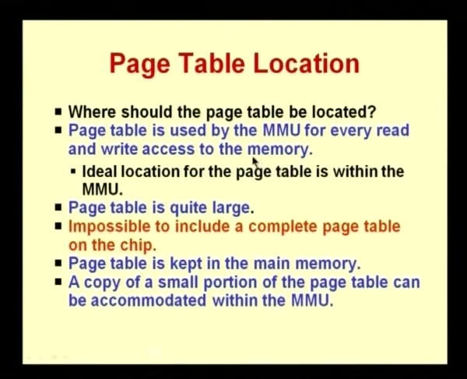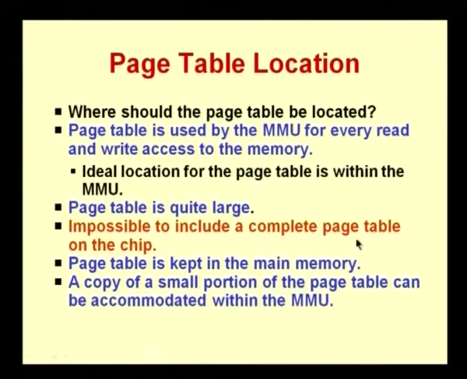Once we have looked at the translation, which is done with the help of the page table, the next question is, where exactly is this page table located? The page table has to be used by the MMU for every read and write access to memory, which means this access has to be really fast. The ideal location would be within the memory management unit, but the page table is often quite large, so it is not possible to include a complete page table within the chip itself.